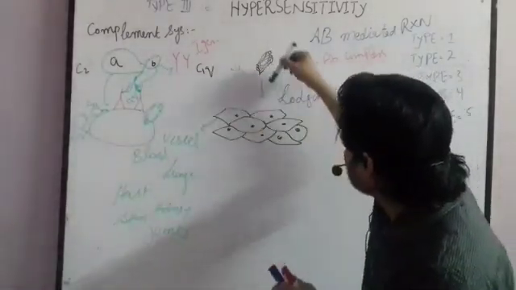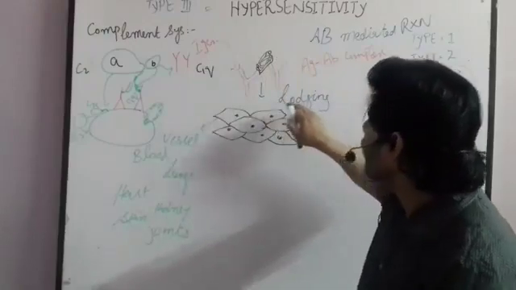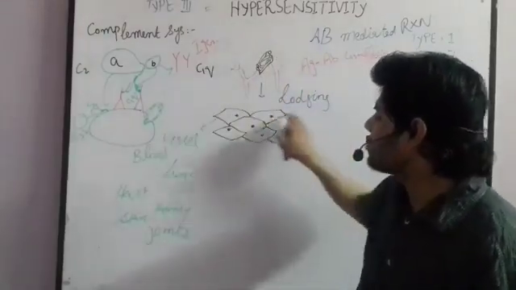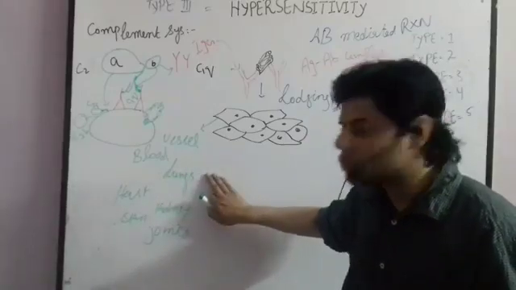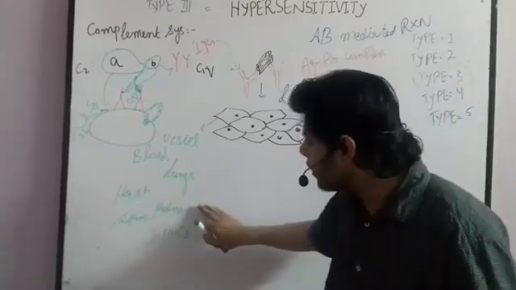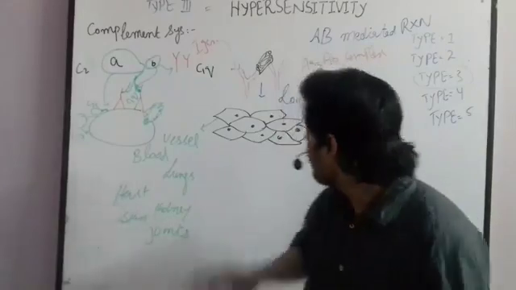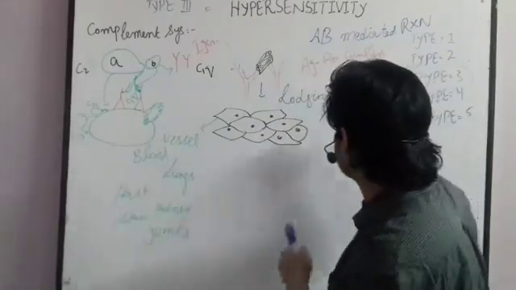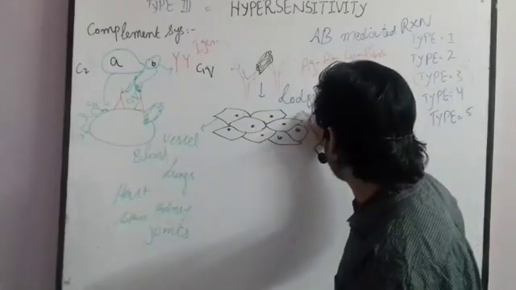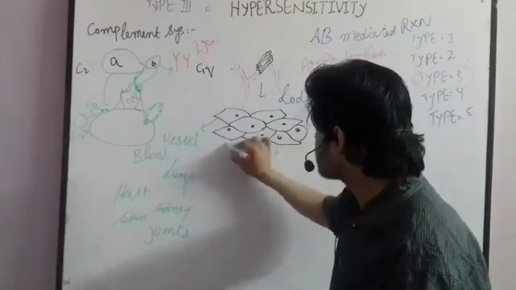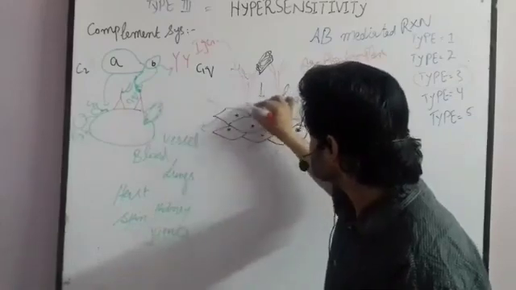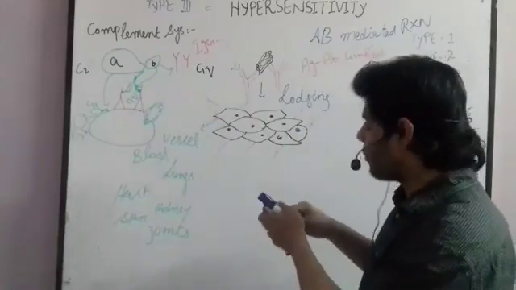Such antigen-antibody complexes will be loading on the surface of each tissue: blood vessel tissue, lung tissue, heart, kidney, skin, joints. These are the antigen-antibody complexes.